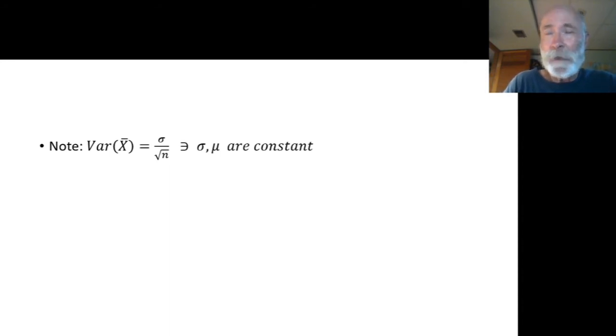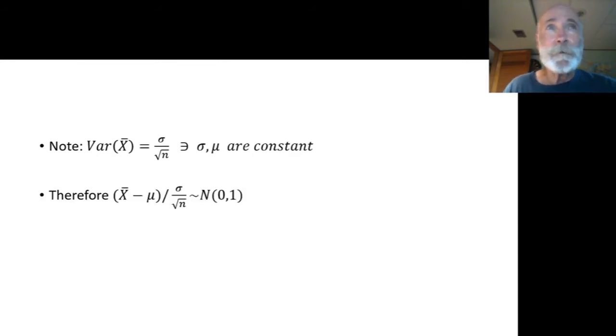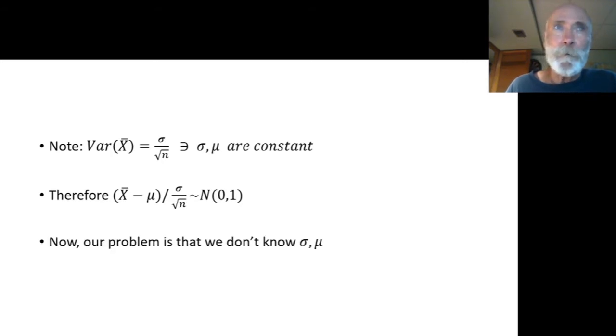We just have to go back to the rules of expectation. But that's going to be simply sigma divided by the square root of n, given that both sigma and mu are constants. Therefore, if we take x bar minus mu and standardize it by sigma divided by the square root of n, we're going to get a value that is normally distributed with mean 0 and variance equal to 1.